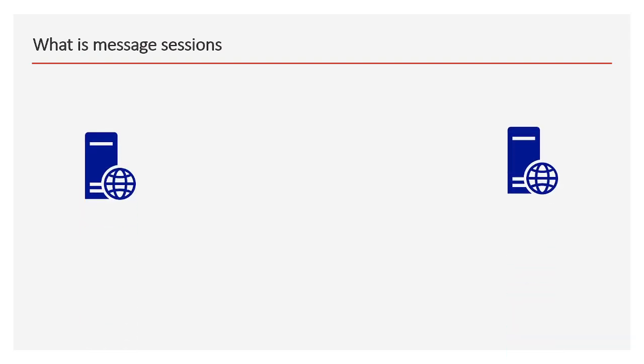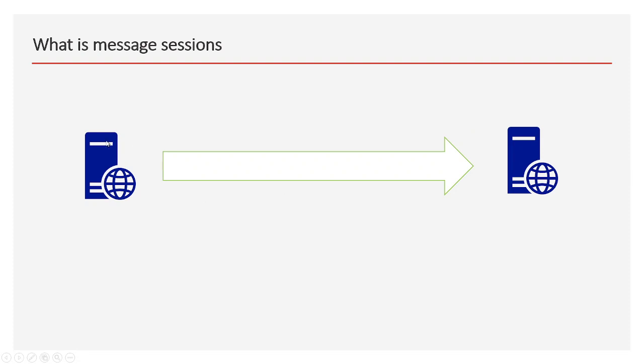What exactly is it? Think of it like this: one is my service 1, which has the responsibility of ordering the items, and this one is my service 2, which has the responsibility of dispatching the items. Suppose I have a bus; this pointer represents the Azure Service Bus.